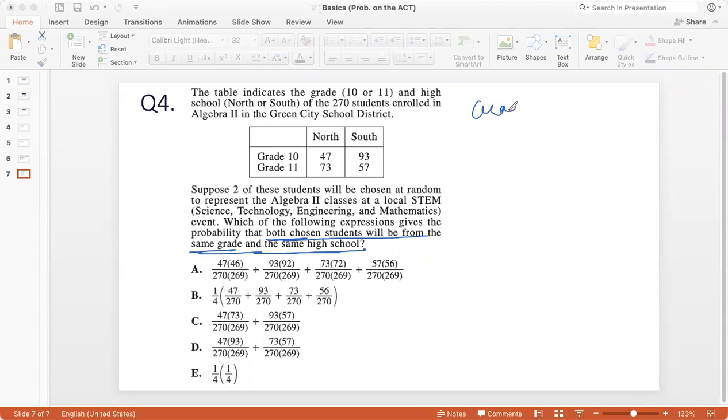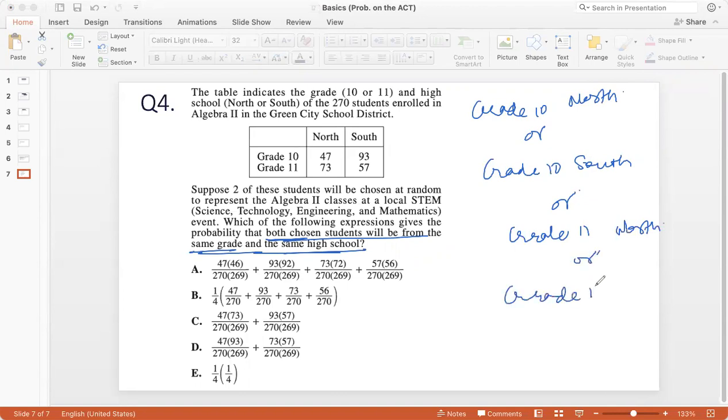So it's grade 10 north, or grade 10 south, or grade 11 north, or grade 11 south.